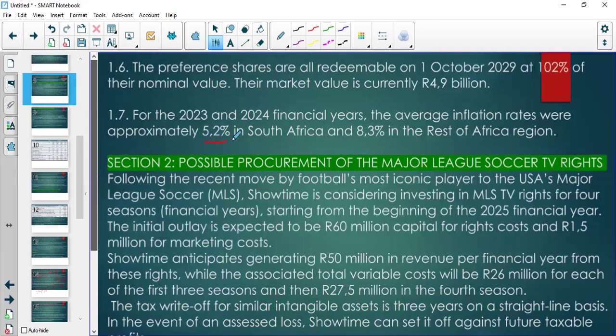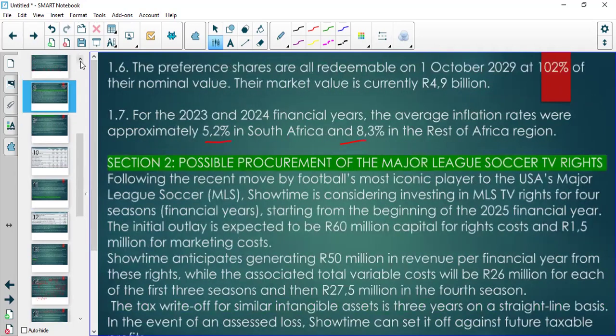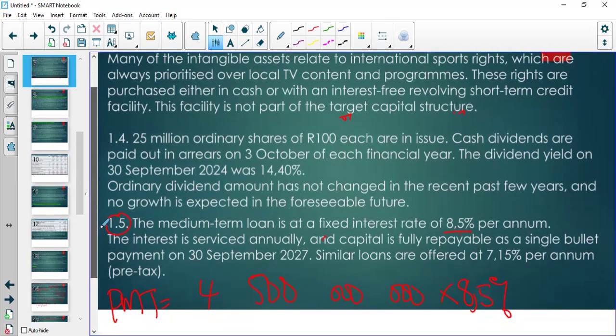This is your inflation rate. I'm sorry, but I'm not going to look for the tax rate here. You guys have to do that. That's part of your job. I don't want to scroll up and down for something that is basic. If I was explaining something that you need help with, I would do that.